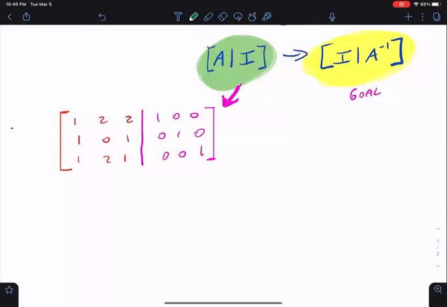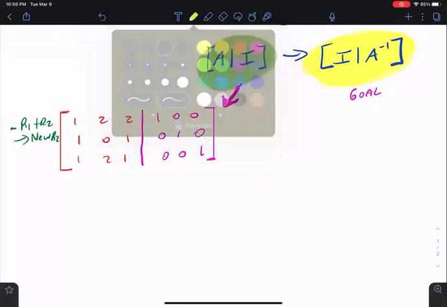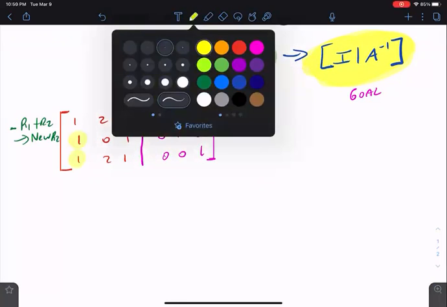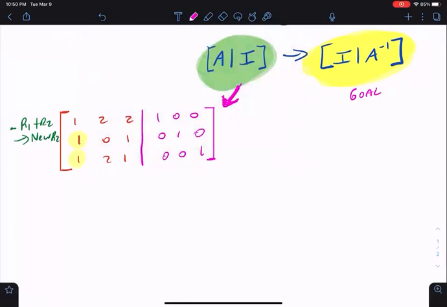Okay, so this is negative row 1 plus row 2 will give you new row 2. Remember, we're trying to get zeros here and here, right? Just keep that in mind all the time. We want to get zeros here and here. That's my goal. Okay, and then I need to do negative row 1 plus row 3 will give me new row 3.